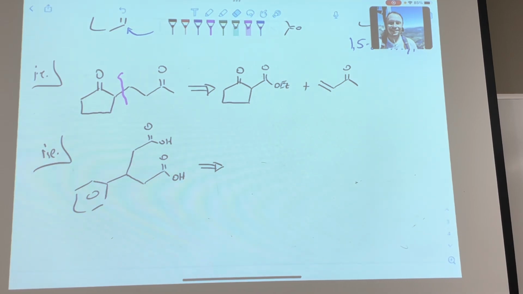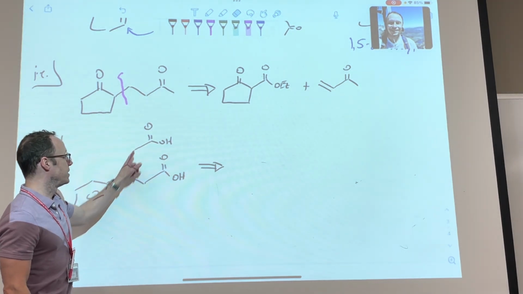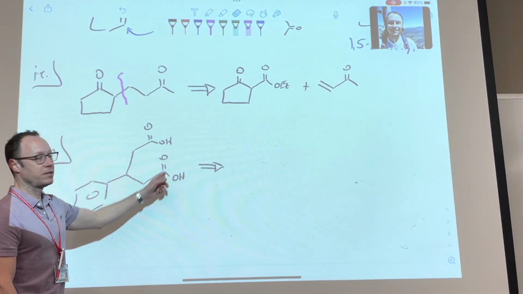Which one have we not thought about? The malonic ester. And what does a malonic ester give you? A substituted acetic acid. Do you see that in this? Yeah, I actually see two of them. That's a substituted acetic acid. That's a substituted acetic acid.